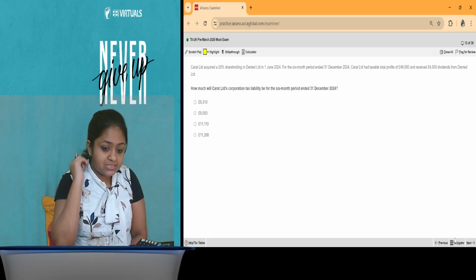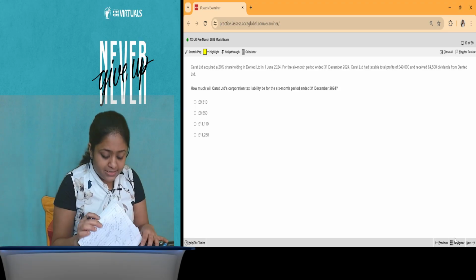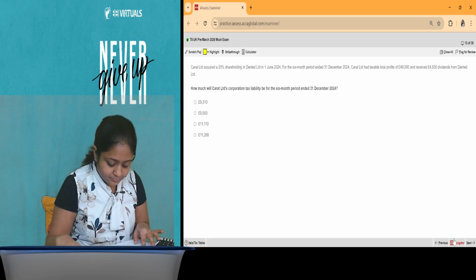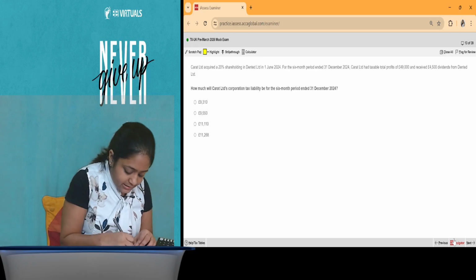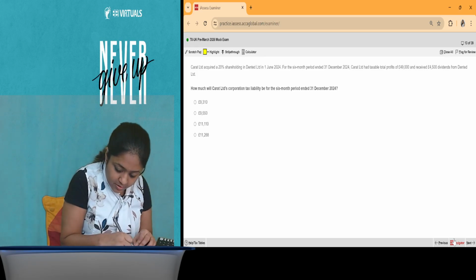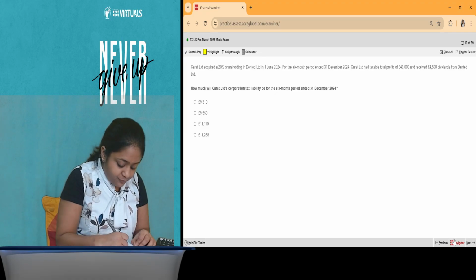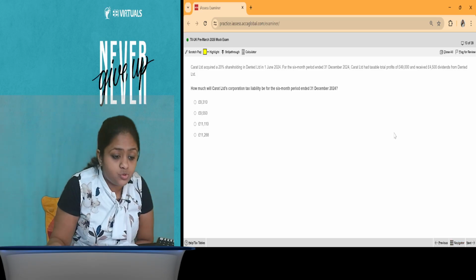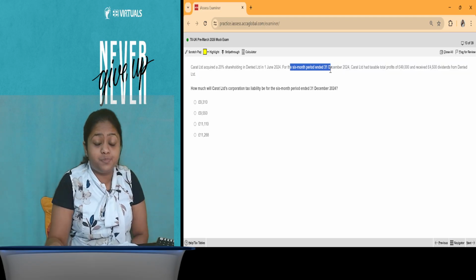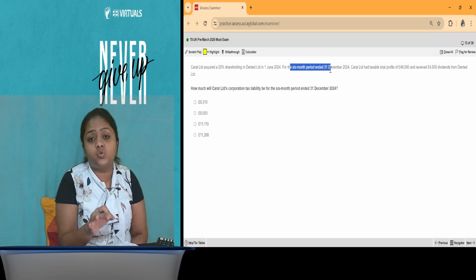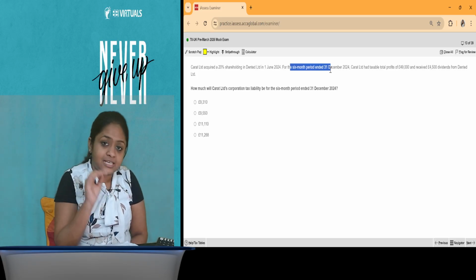Augmented profit is 49,000 plus 4,500. That is 53,500. Don't jump to any conclusion because you have a period given for only 6 months. So remember, your limits will also be calculated for a 6-month period.